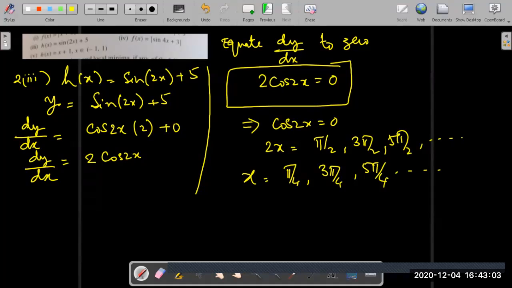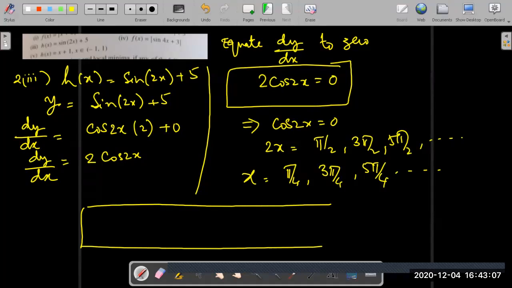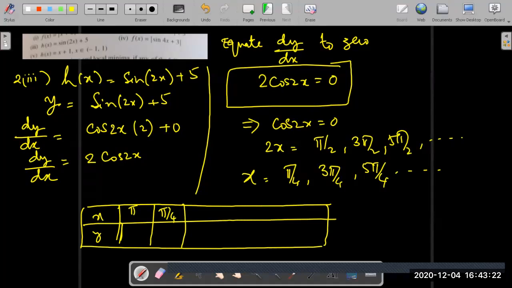So we will make a table of x and y. Pi by 4 is 45 degrees. We will also consider 30 degrees, which is pi by 6, and pi by 3, which is 60 degrees.